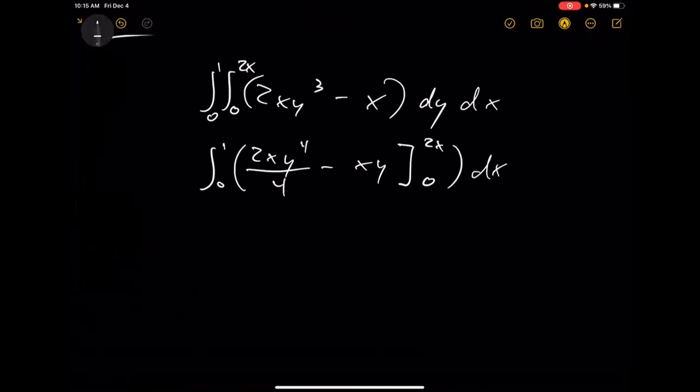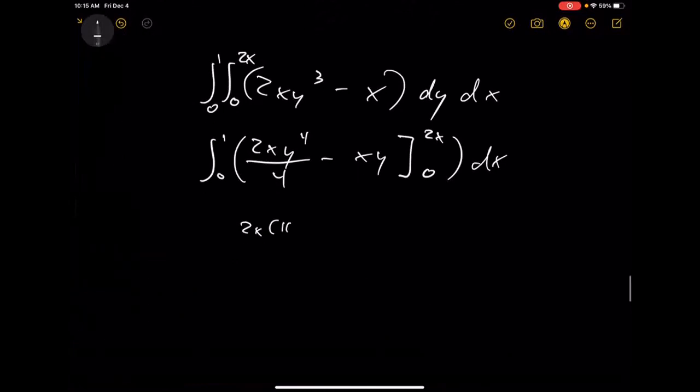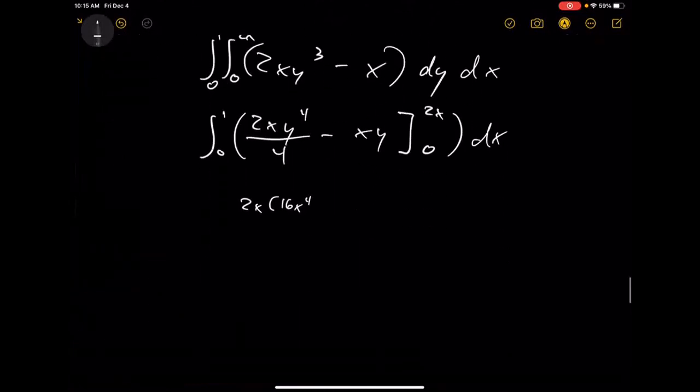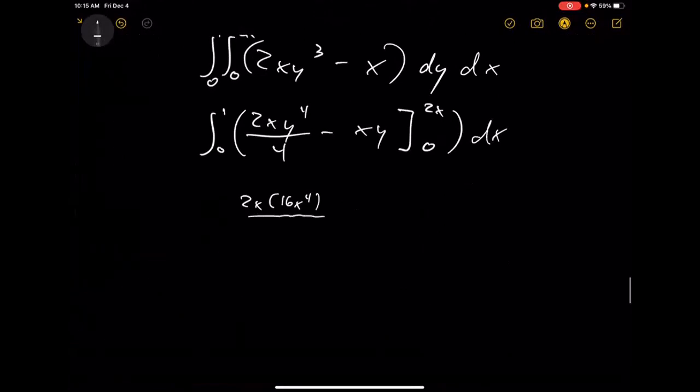Okay, let's see, when I plug in 2x to y, I get 2x to the 4th would be 16x⁴ over 4 minus x times 2x.